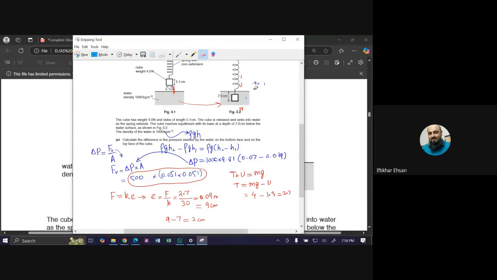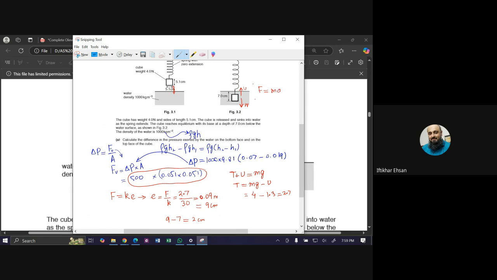Now, when we detach the spring, it means there is no spring. Now there will be only two forces. One will be the upthrust, and the other will be the weight. And we use the formula F is equal to ma. What do you mean by the F? Resultant force.